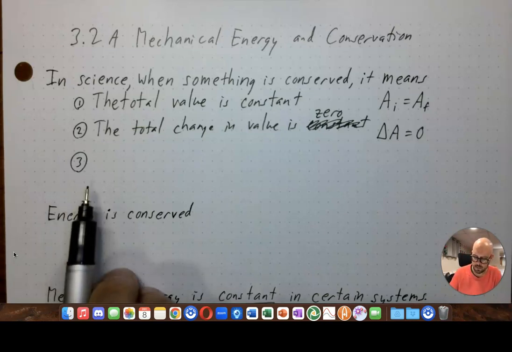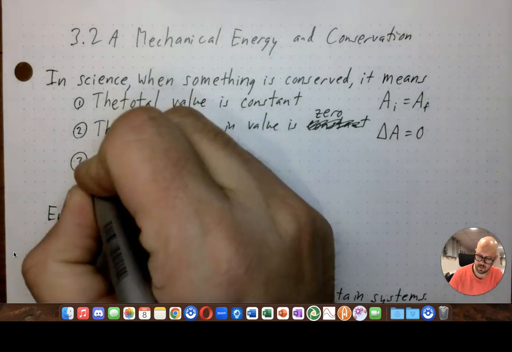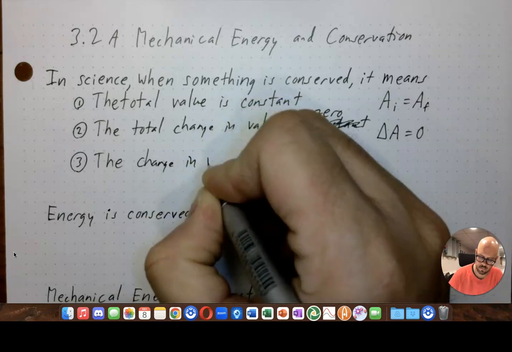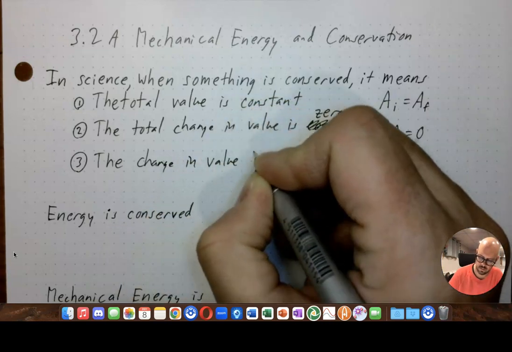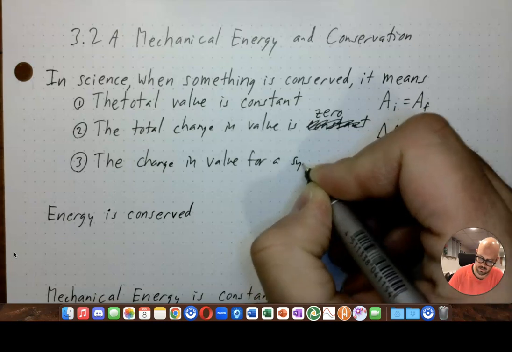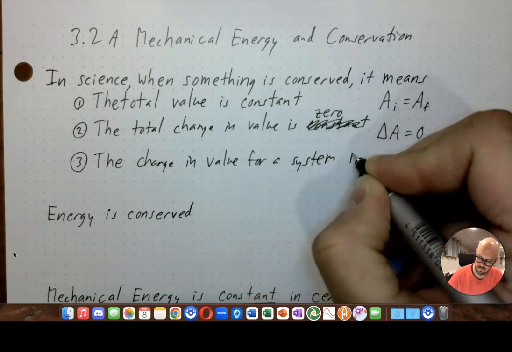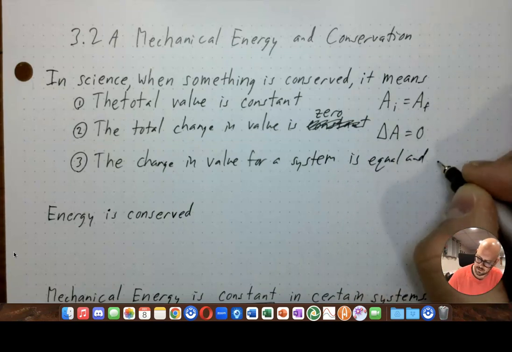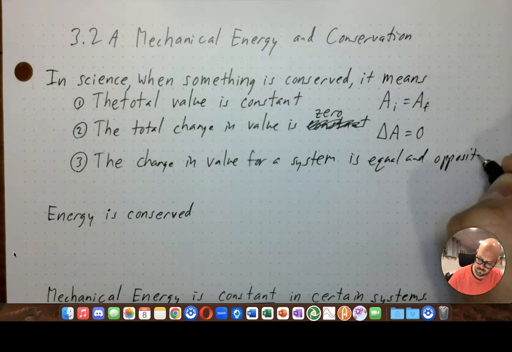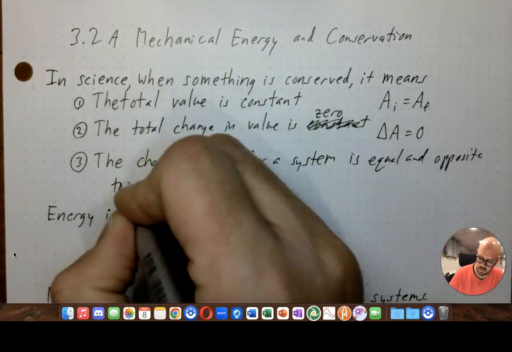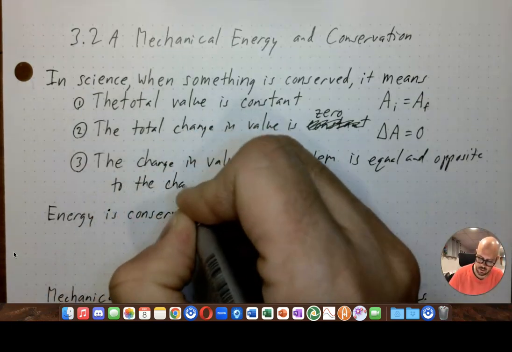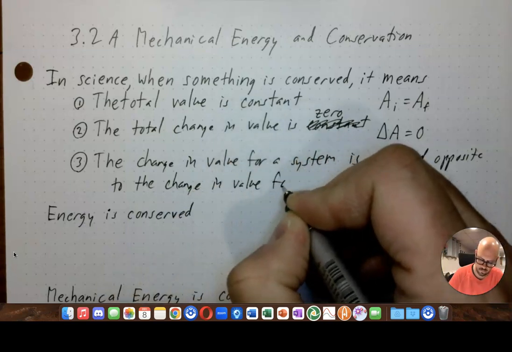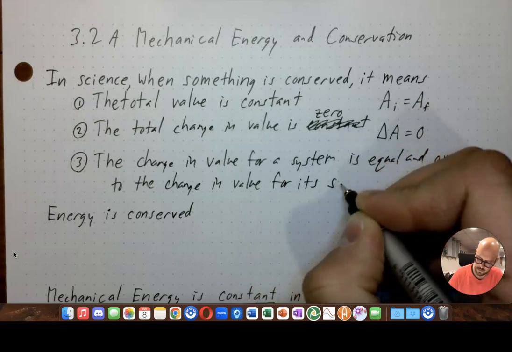The last one is starting to get into even more specifics. It's more complicated. The change in value for a system is equal and opposite to the change in value for its surroundings.